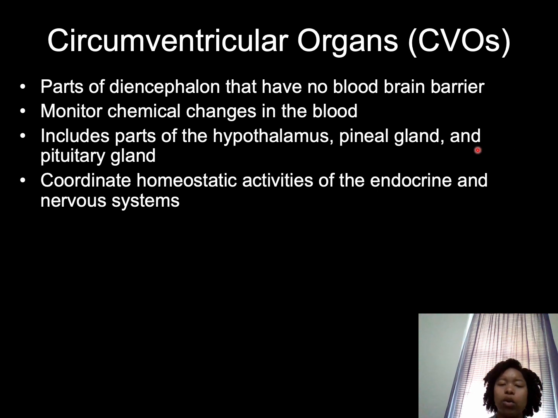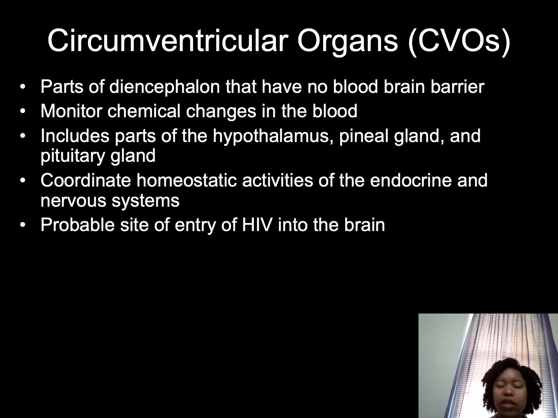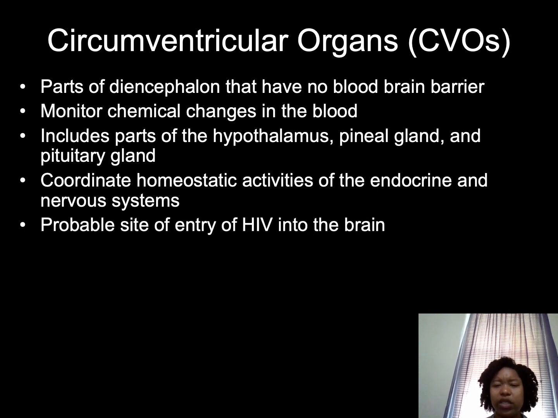So it helps with coordinating homeostatic activities of the endocrine and nervous systems. And a probable site of HIV entry into the brain, since normally it could probably be protected through the blood-brain barrier, since it isn't present here, HIV might have a way to get into the brain from there.